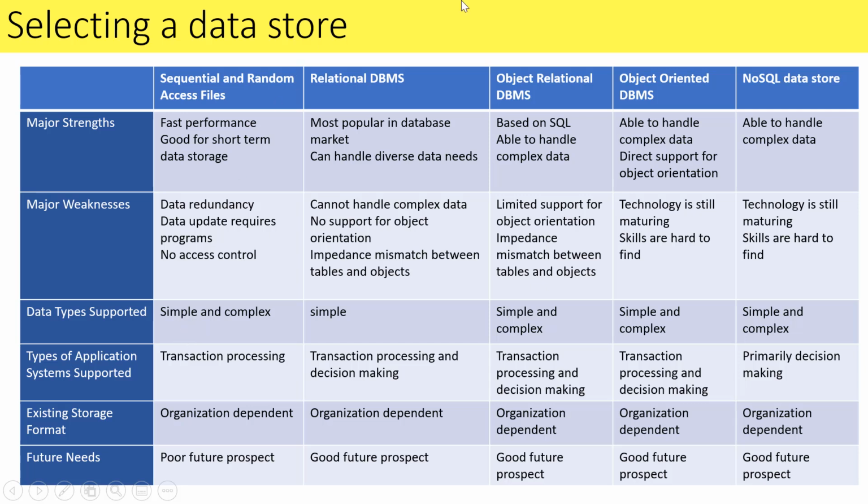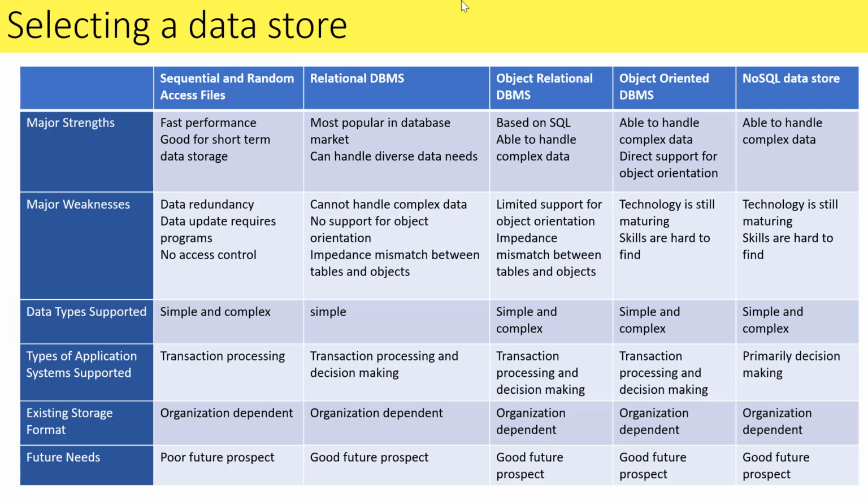So now that we know different types of data storage environment, how do we select the right data store for our application or for our system? We have different categories that we have already learned.